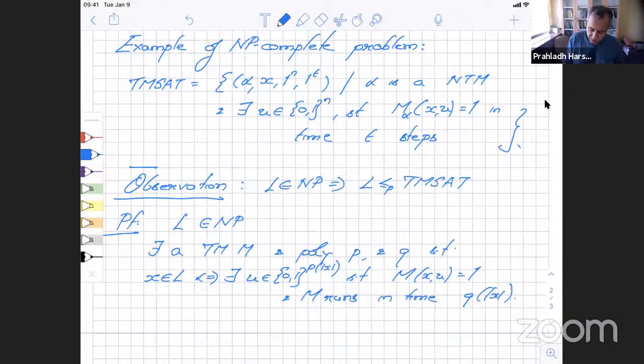So I give you this. Now I want the function f, polynomial time. What is it going to map? X should get mapped to something. So what is the 4-tuple you will map it to?